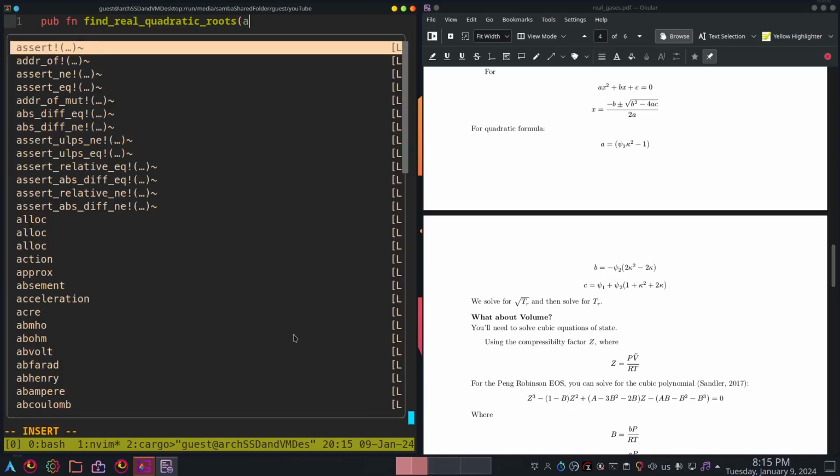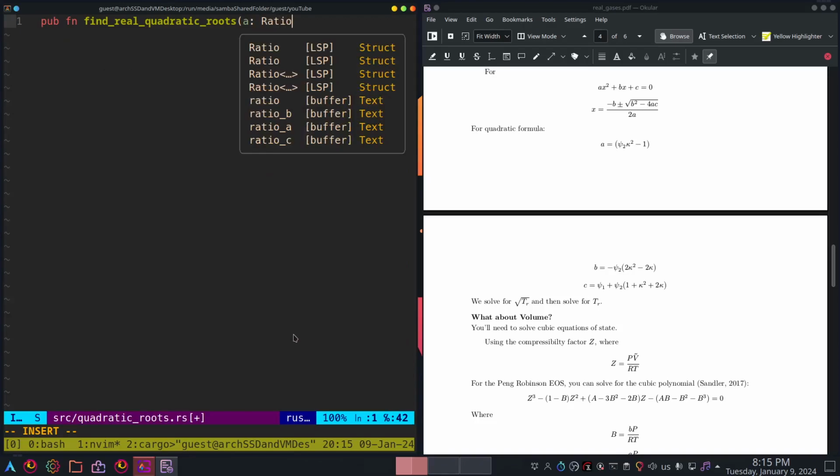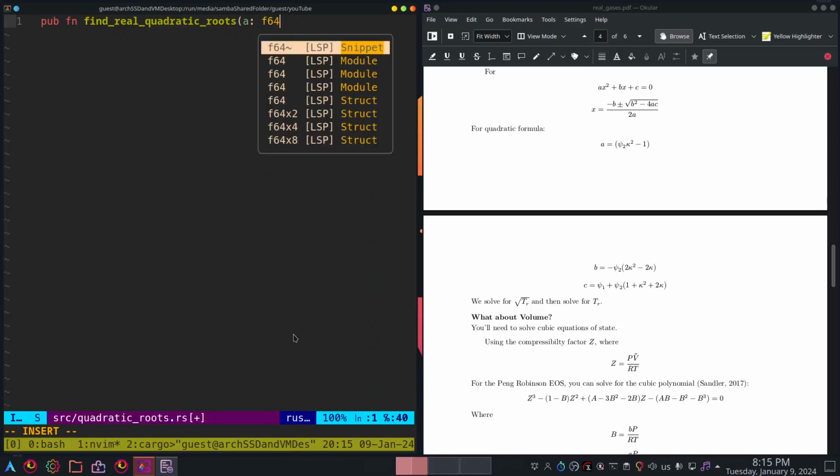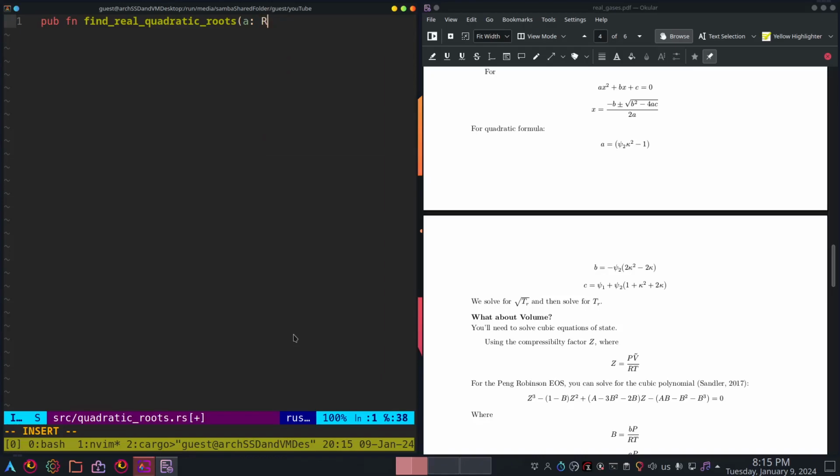A, which is a ratio, B ratio, C ratio, and what's it going to return?